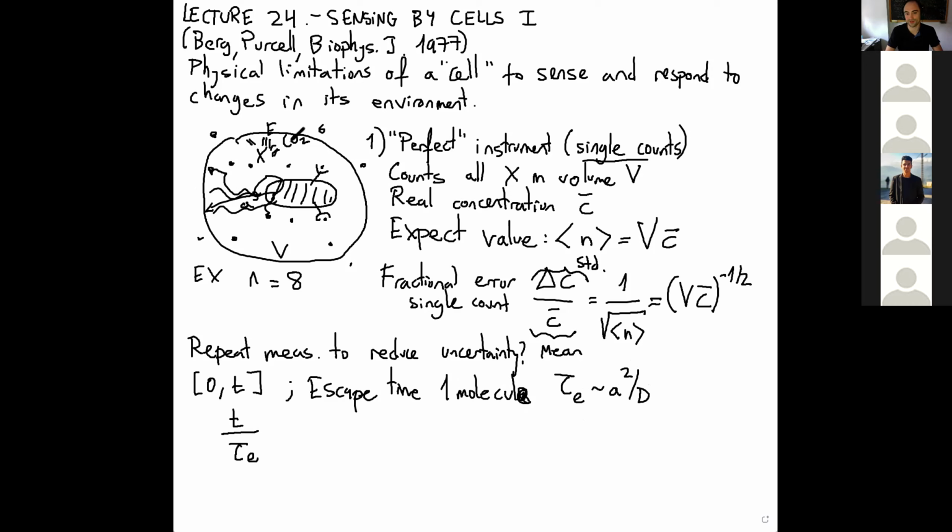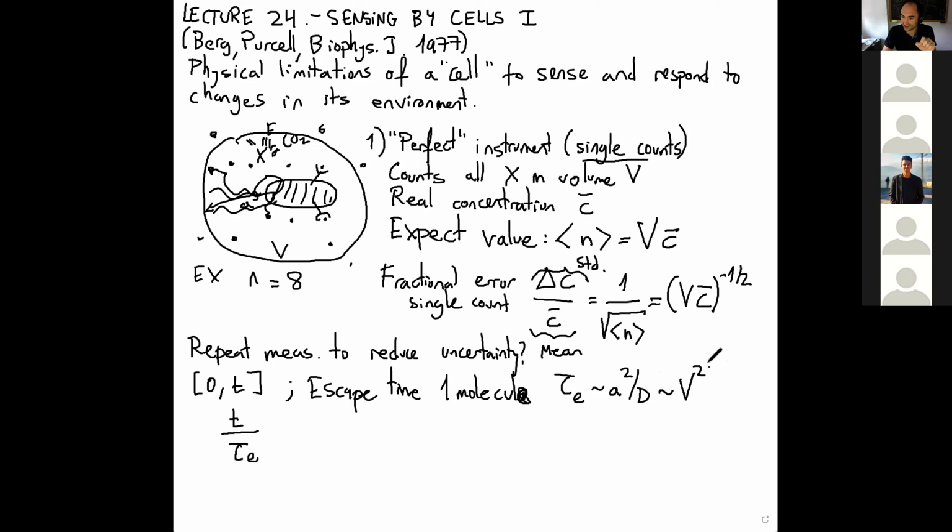And D is the diffusion coefficient of the molecules. A squared, in reality, goes like the volume to the 2/3, because A is volume to the 1/3, because the volume goes like 4/3 of pi times radius cubed.